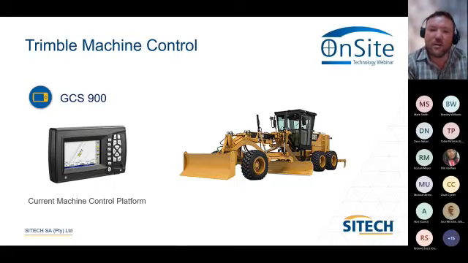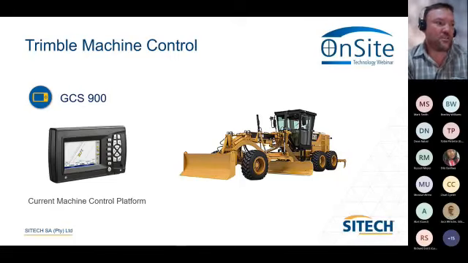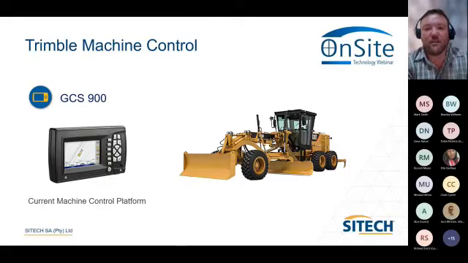And by that I mean he can sit in the cab and he knows exactly what he needs to do and what is expected of him while he works on the machine. So there's no excuse of not getting the perfect grade. And this machine control of ours is actually built for the construction environment, and it's rugged, can handle the environment in itself.